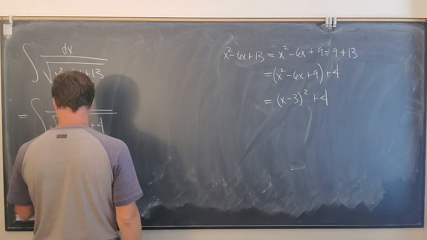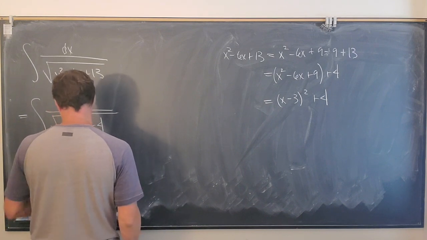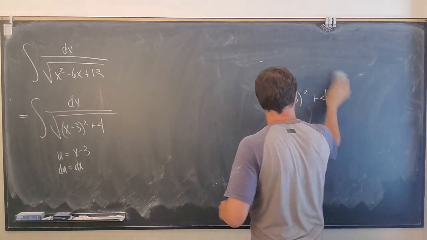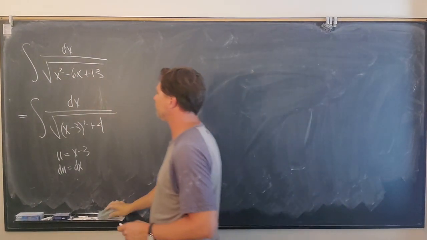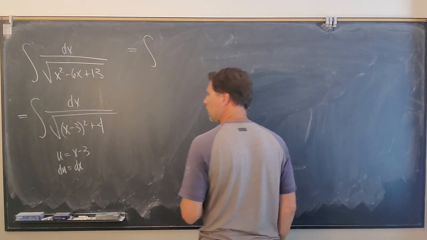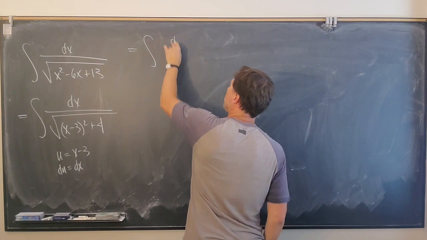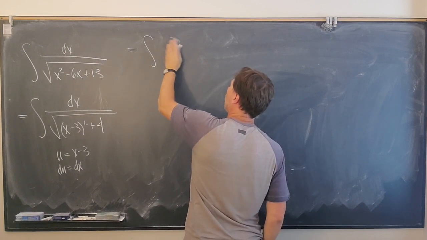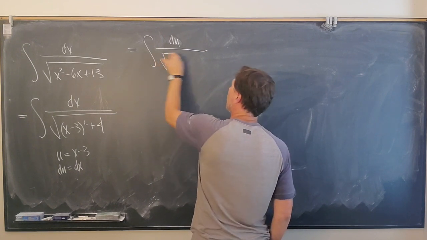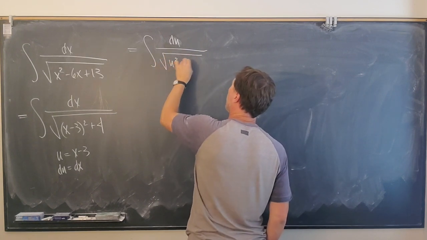So I let u equal x minus 3, du equals dx. And now we have, let's see, dx is du, so du over square root of u squared plus 4.